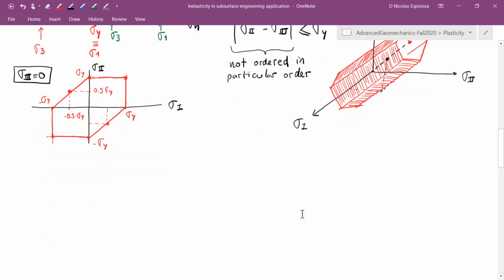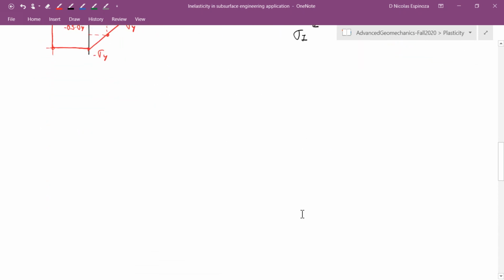And let me scroll down. Here, the von Mises criterion is going to try to address that issue that we see with the Tresca criterion.